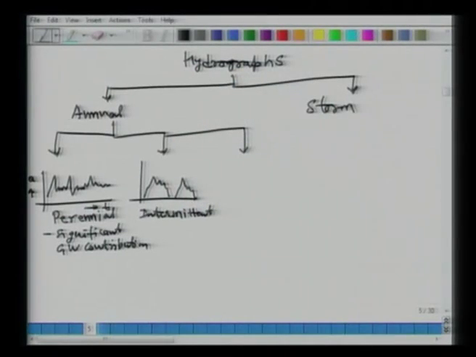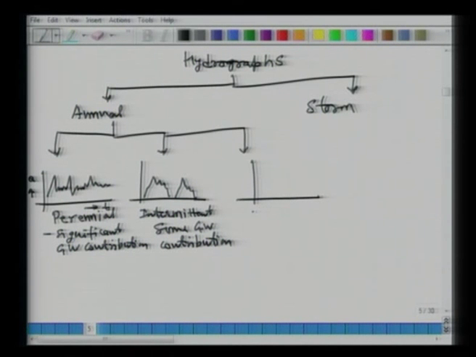This type of hydrograph on an annual basis is called the intermittent, because the rain is occurring intermittently, all right. And where is this water mainly coming? Then again there is some groundwater contribution. Okay, there is not a whole lot, all right, because sometimes the flow will touch 0 value on the annual scale.